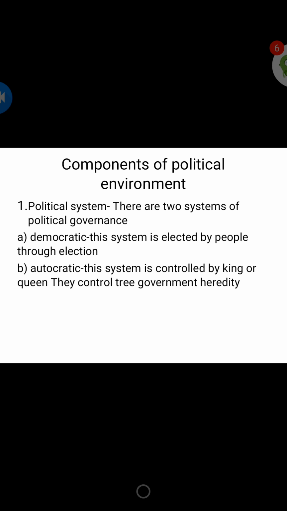So the political environment has four components. One is your political system, and in this political system, there are two systems of political governance. One is democratic and another is autocratic. What is democratic?